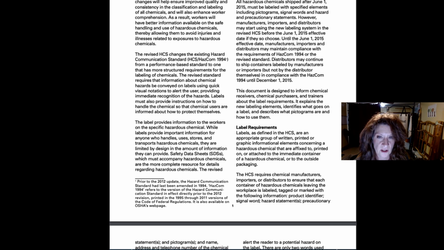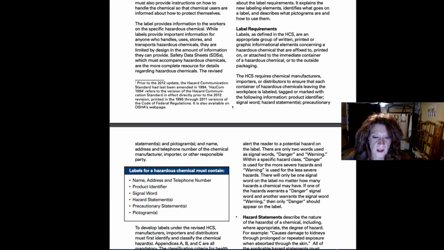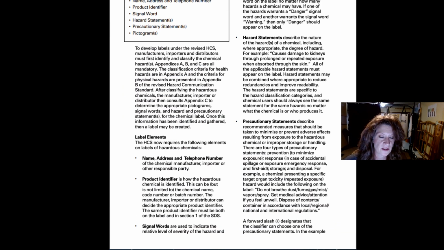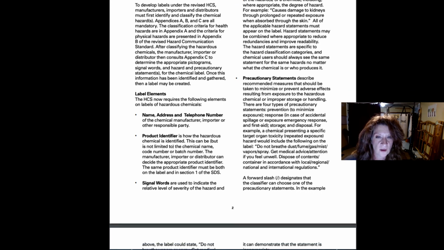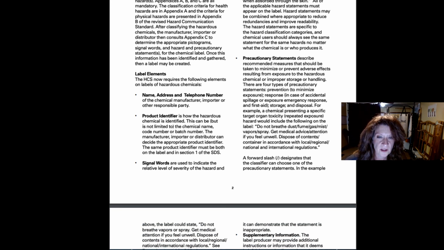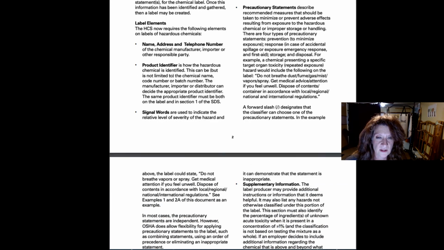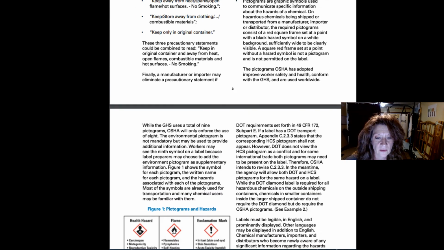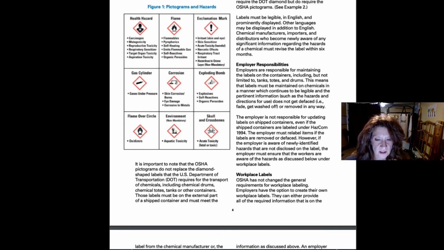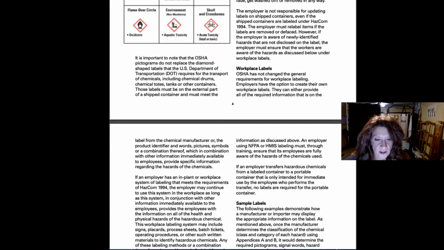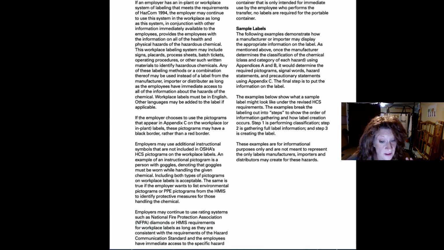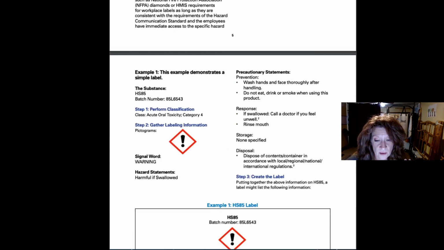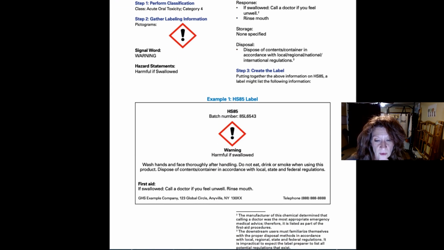And so I really like this document that is available on OSHA.gov. And it's just a brief, but it talks about the labeling and the pictograms, and it provides additional information as well as explanations of the precautionary statements, the signal words. And although we already went through it, it's kind of a nice little reference when you're looking up things for the global harmonization system that maybe you weren't familiar with.